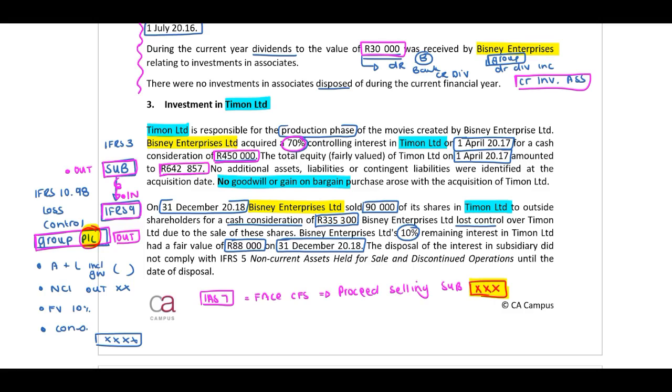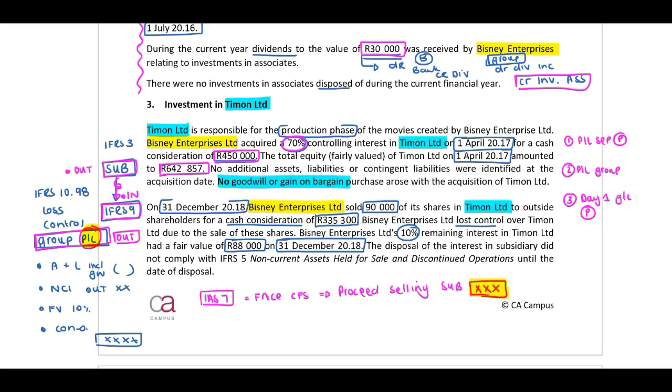Now, guys, let's just talk about the profit or loss in terms of our separate records. Remember, when there's a loss of control, there's a few things that we need to identify. There will be profit or loss in the separate records of our parent. There will be profit or loss in our group records. And we will have to identify if there is a day one gain or loss recognized in our parents' records.